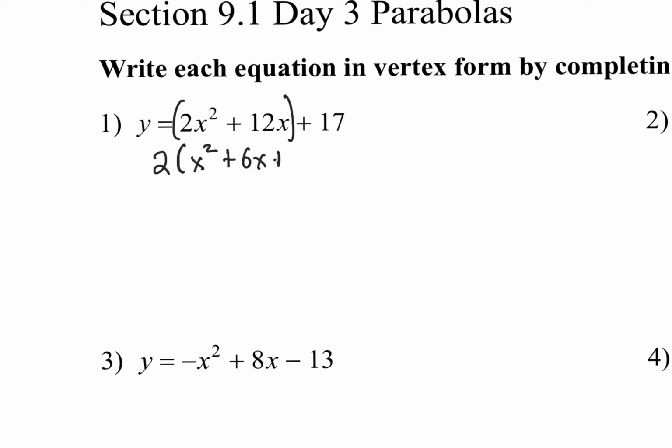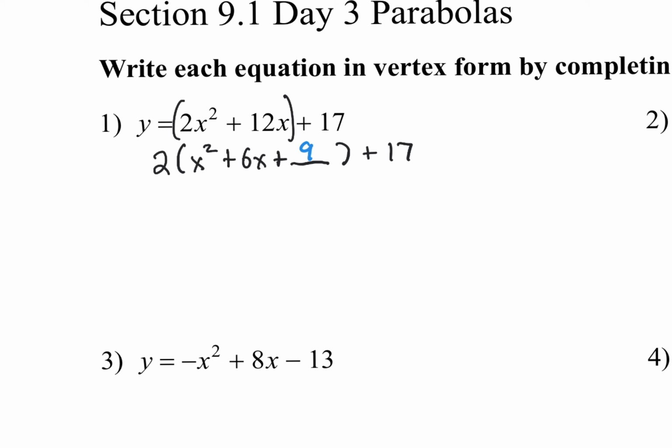So now we're going to complete the square. That 17 still has to stay out there, and we're just going to bring that 17 along for the ride. Now, like yesterday, we complete the square. Half of 6 is 3. 3 squared is 9. So I have to put a 9 there in that box.